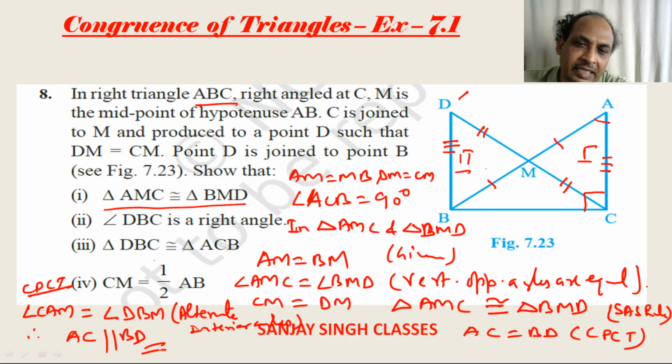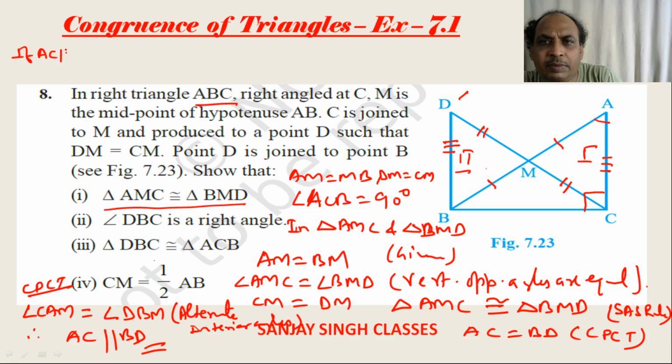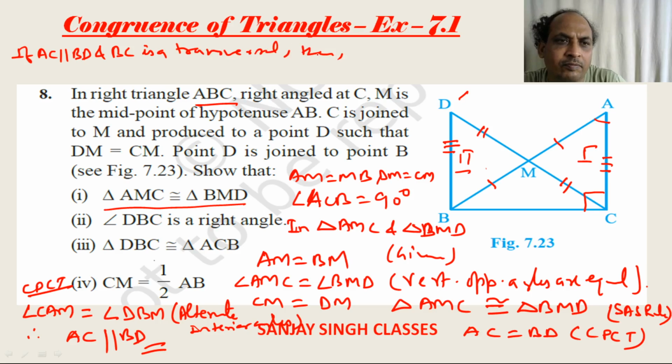So once AC has become parallel to BD, and BC is a transversal, then angle DBC plus angle ACB is equal to 180 degrees.